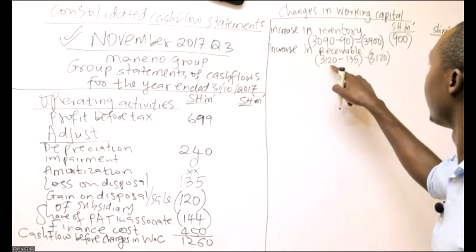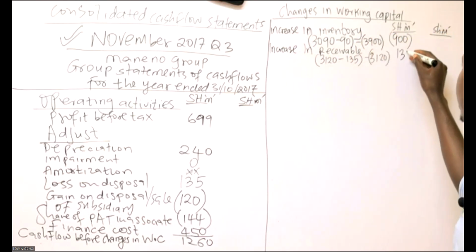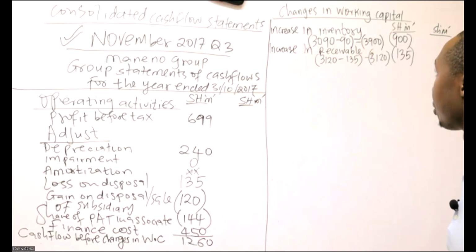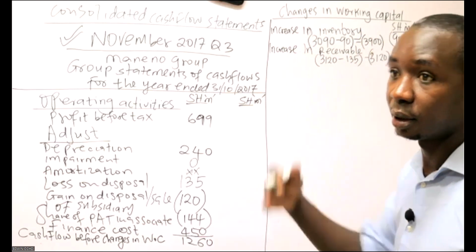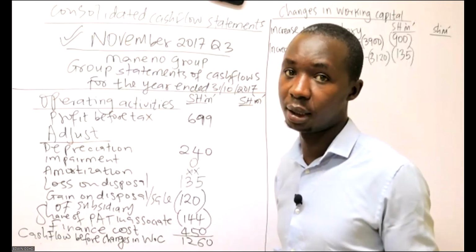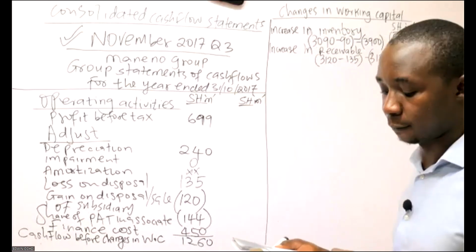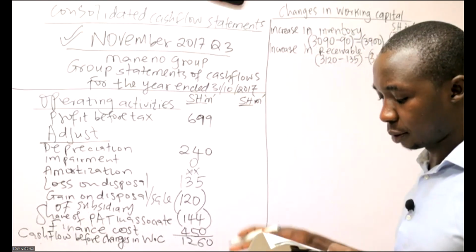Increase by this 135. So again, this one you minus, because once your debtors increase, it means that you are giving your debtors money. Increase in debtors balances, there's money out.